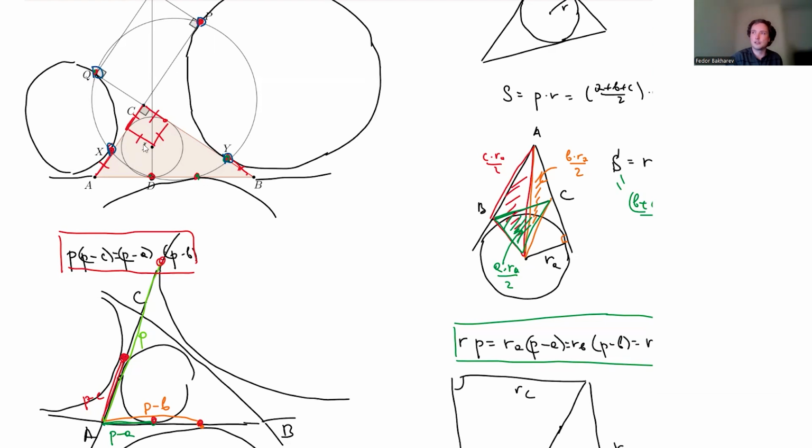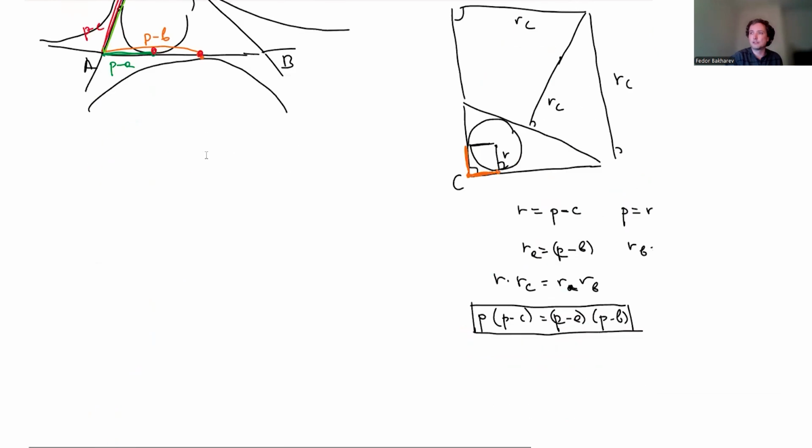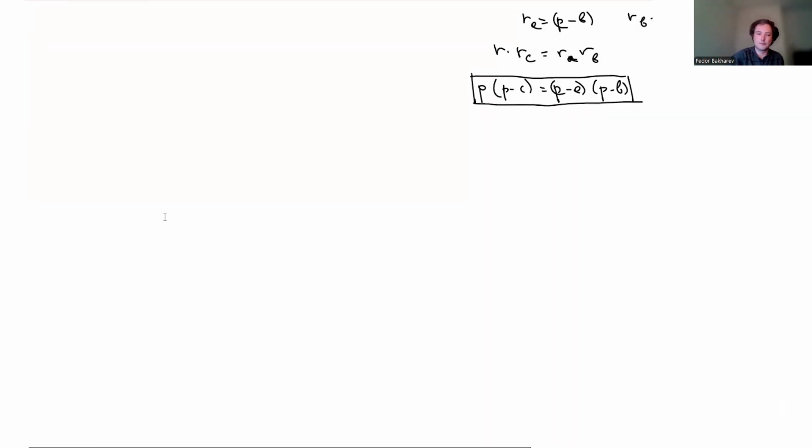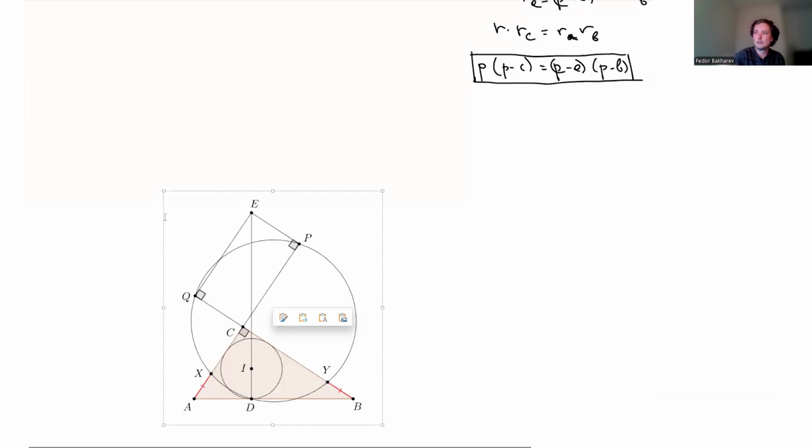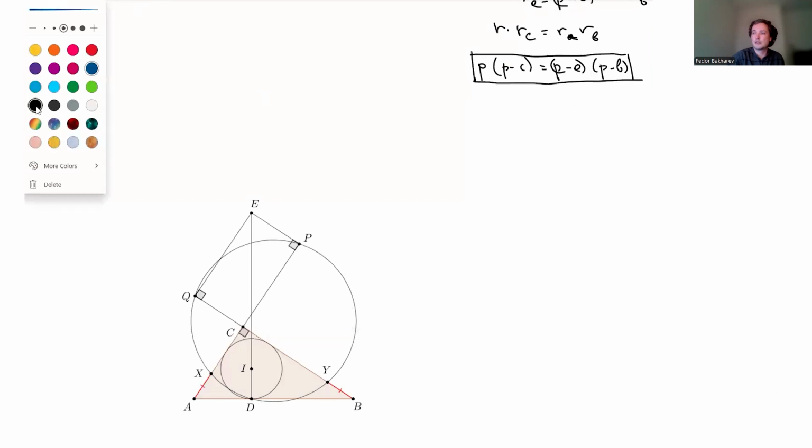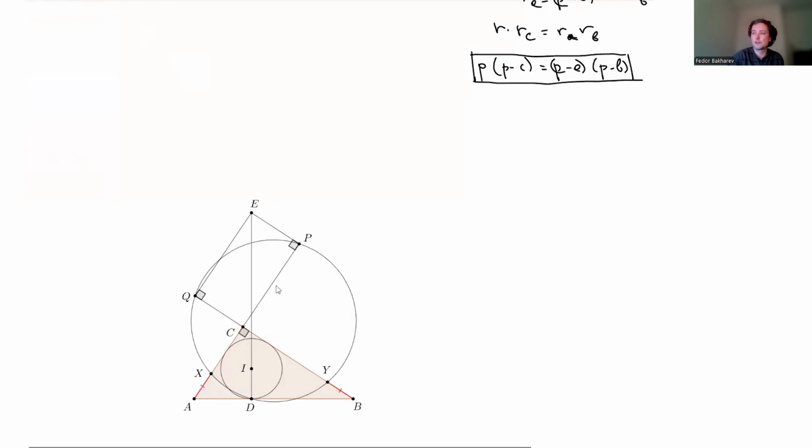So the construction of our points P and Q in our problem will provide us the tangency points. Let me try to explain this part. In this case, we have our right angled triangle, and we make the following construction.